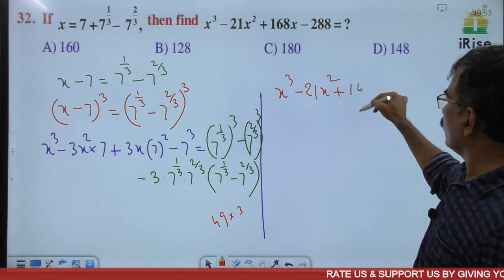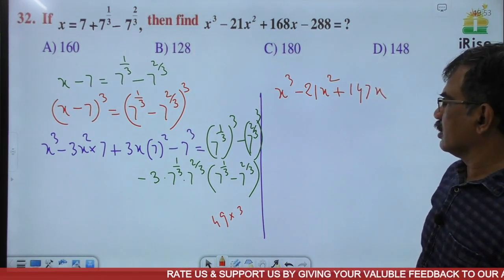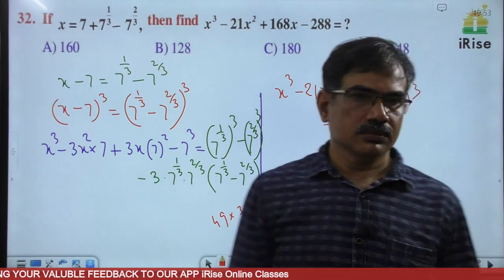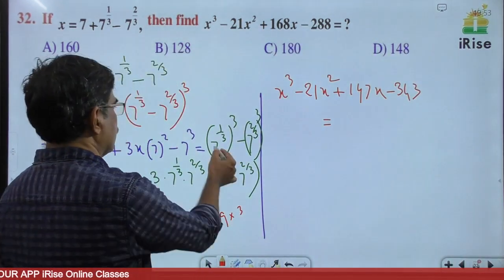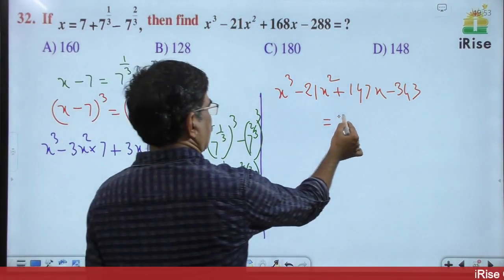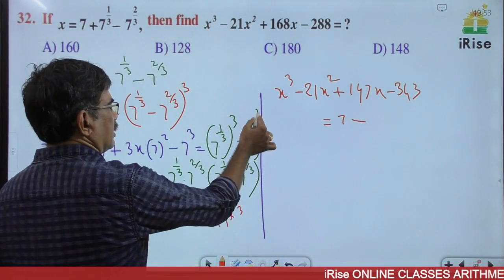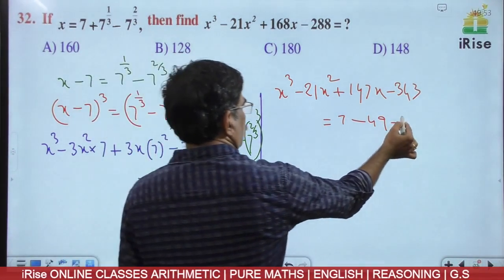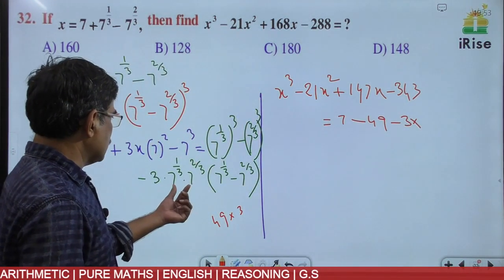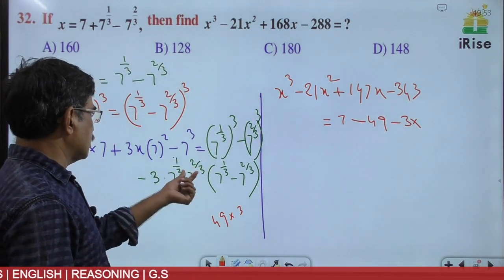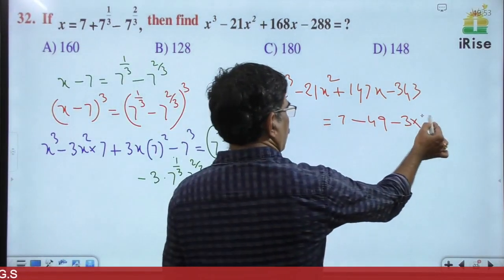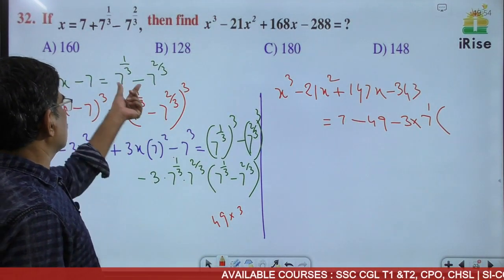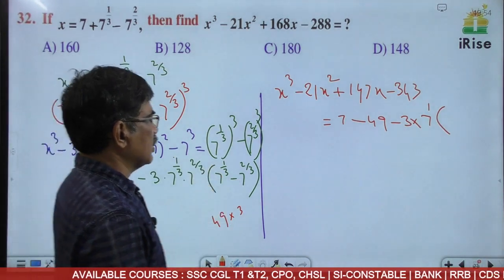So 147x minus 7 cube, minus 343, is equal to, on the right hand side, 7 power 1 by 3 whole power 3 is 7, minus 7 square, nothing but 49, minus 3 into, here the bases are the same, add the powers, 1 by 3 plus 2 by 3 is nothing but 3 by 3, which is equal to 1, 7 power 1 into what is this value? 7 power 1 by 3 minus 7 power 2 by 3 is x minus 7. I want to put x minus 7 in the place of this.